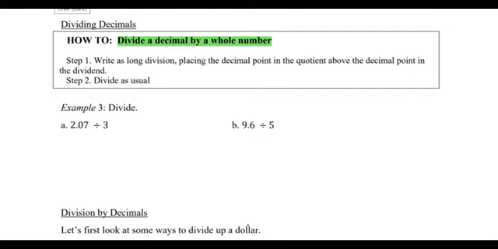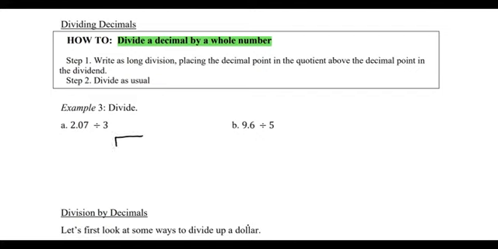It's very similar to when we added with decimal points. When we come to the place where we have to step over a decimal point, we transfer that into the answer. So we have 2.07 divided by 3, and we set it up as long division.